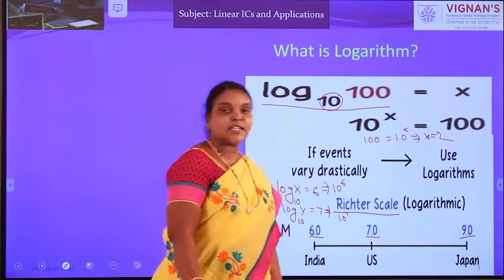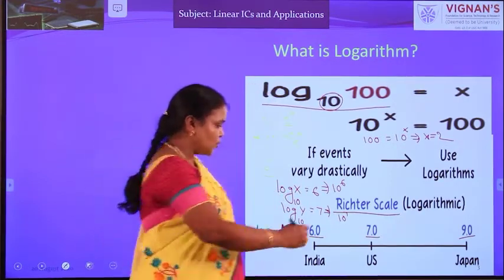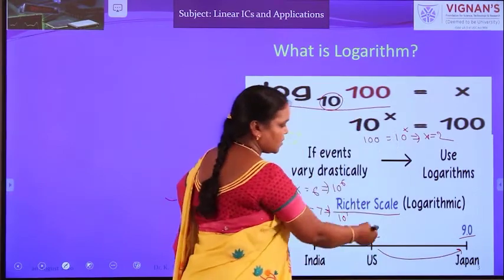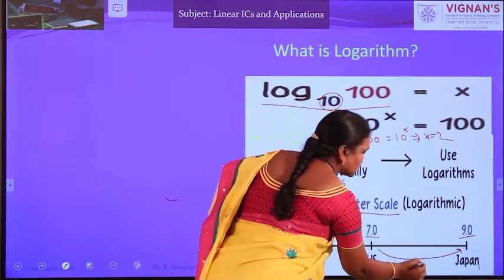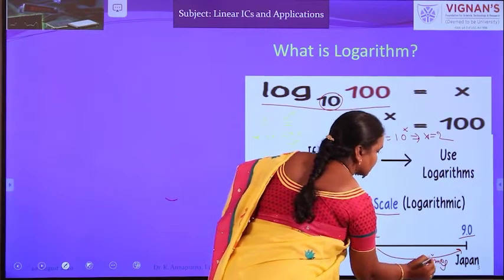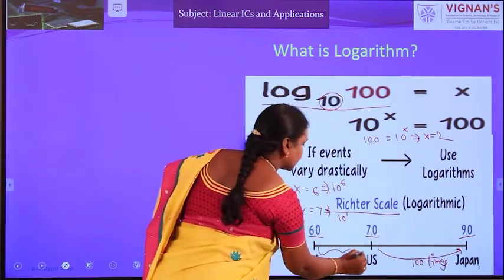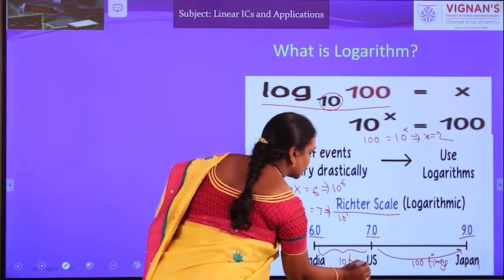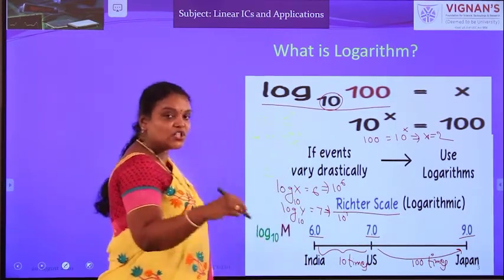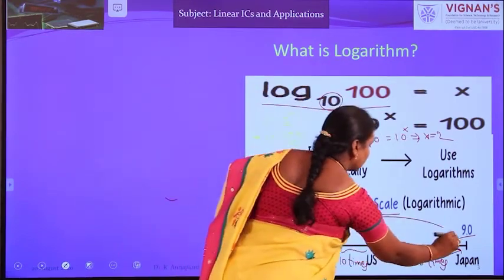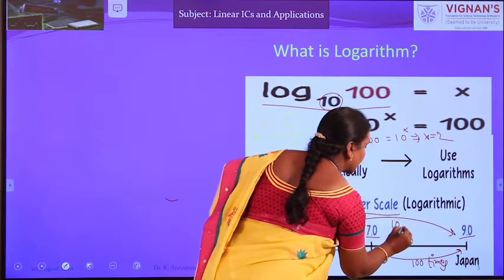Similarly, can you guess the Japan earthquake with respect to the US? It is 100 times. Here it is 10 times. Now what is the intensity of Japan with respect to India? It is 1000 times.